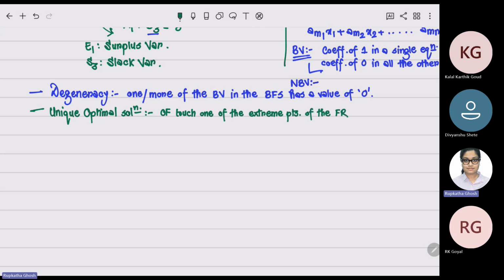But what about a multiple optimal solution? A multiple optimal solution is when the objective function is parallel to one of the binding constraints.